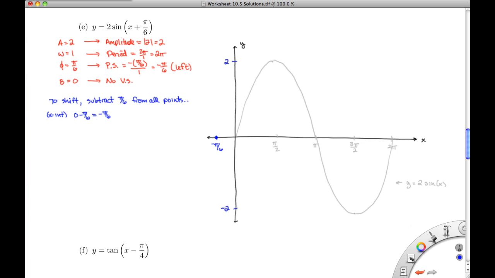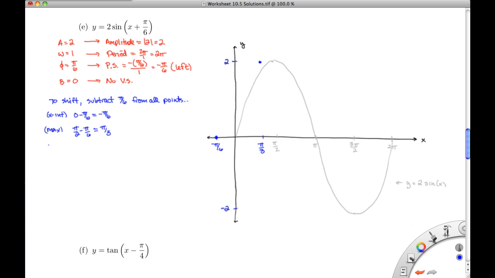And then this max that occurred at pi over 2, well, if we subtract pi over 6 from pi over 2, that's actually going to be what? 3 pi over 6 minus 1 pi over 6, which is 2 pi over 6, which is going to be pi over 3. So this point is now going to go to pi over 3. So our max, I'm just going to put that right there. So it's been shifted to the left, just a smidge.